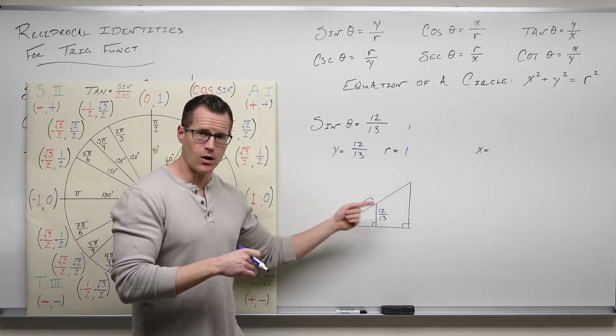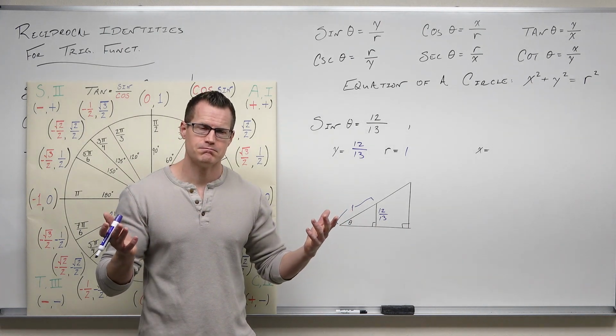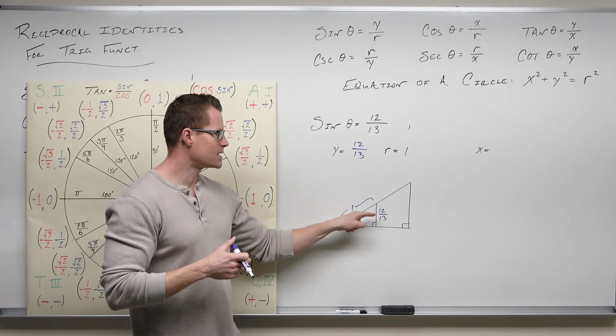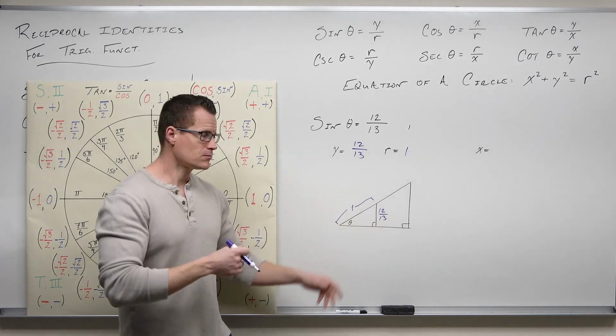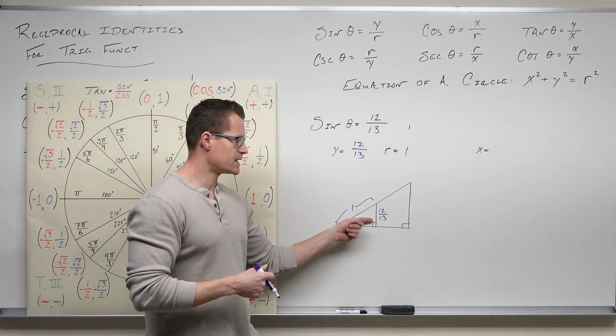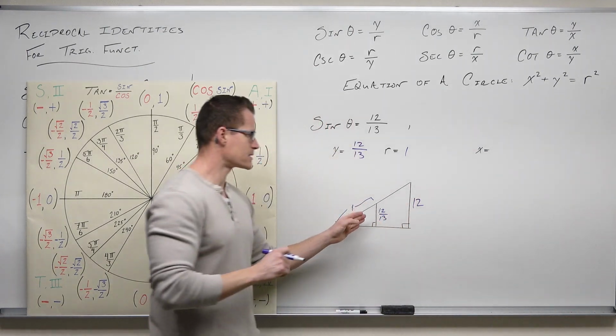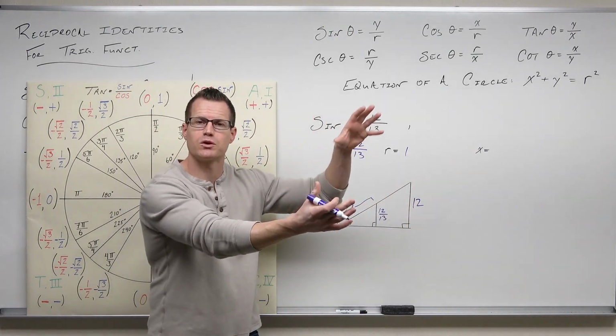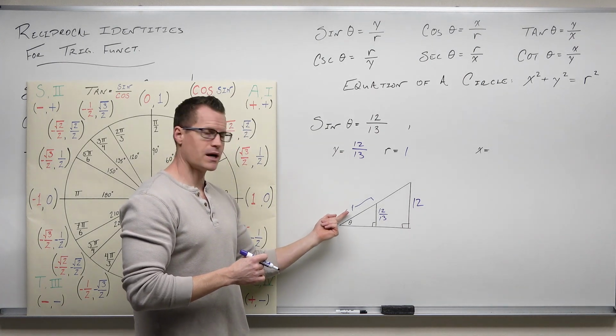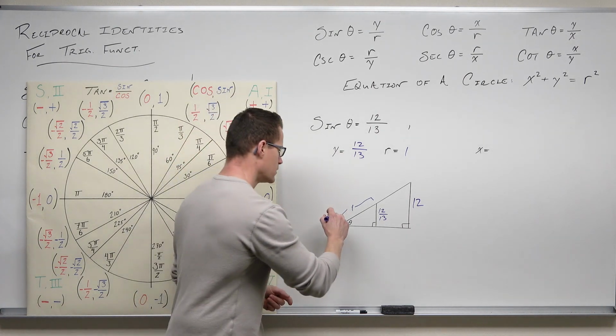So let's see about this. If I multiply all of these sides by 13, why 13? Because it gets rid of my fraction. 12/13 times 13 would just be 12. And that side would grow to 12 if I multiplied everything by 13. 1 times 13 would be 13.